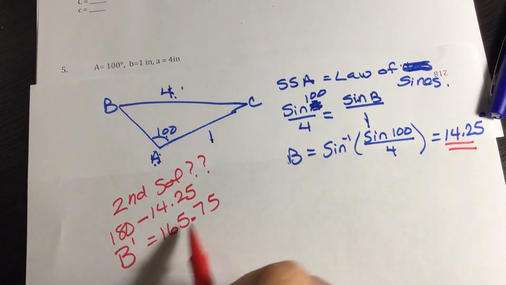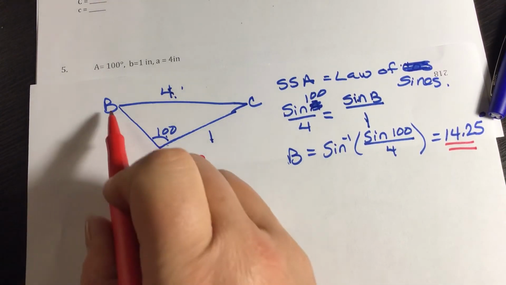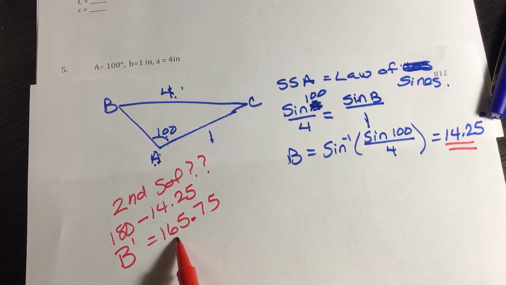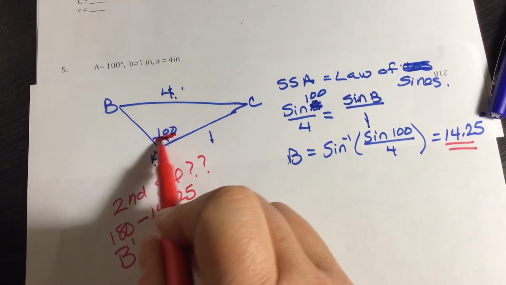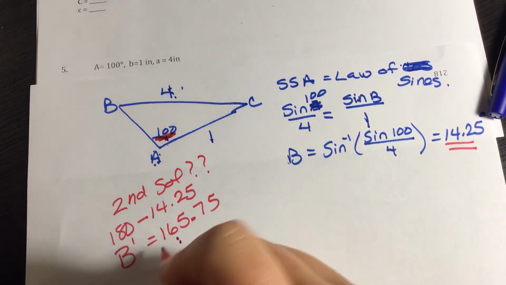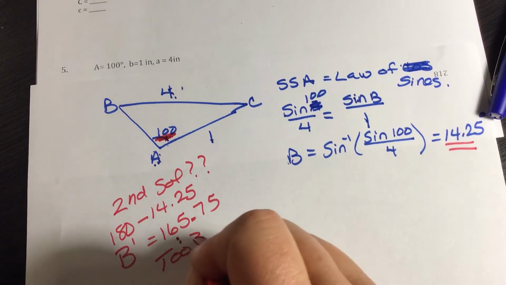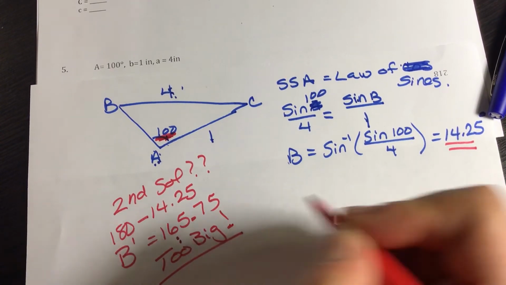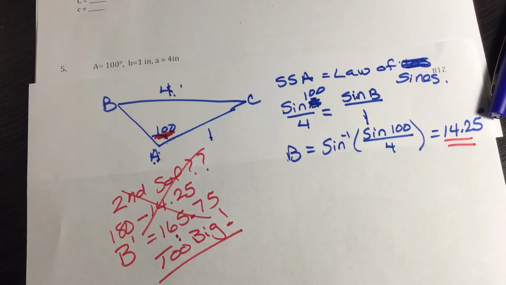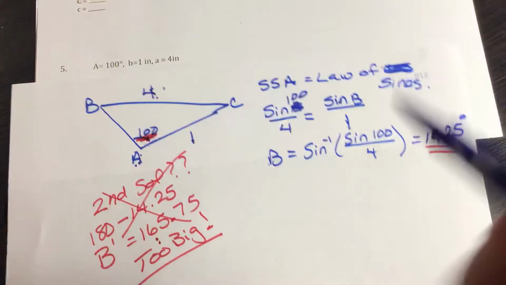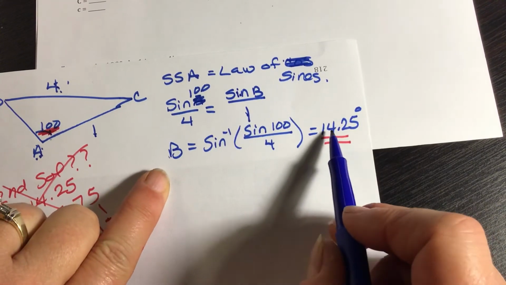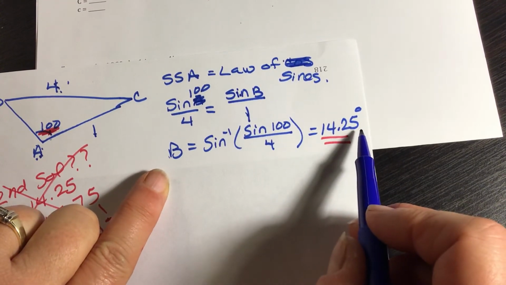Now, if I think about this, the three angles of the triangle have to be 180. So if I have an angle starting already with 100, I can't add 165 to it because that would be too big. Okay, so there is no second solution, woo, on that one. So the only solution that I have for angle B is 14.25.